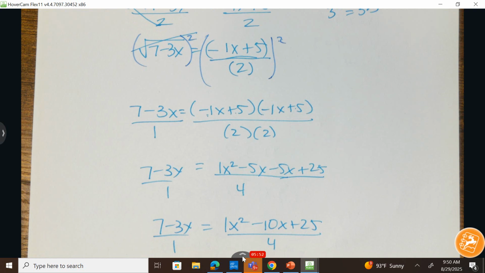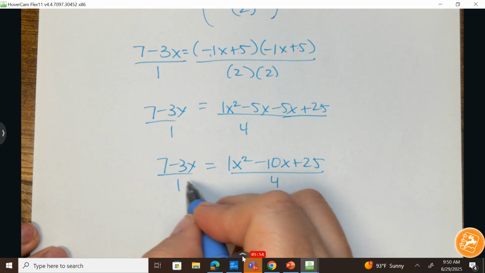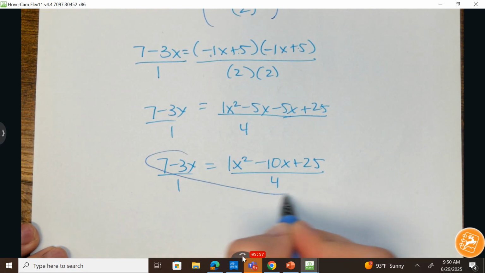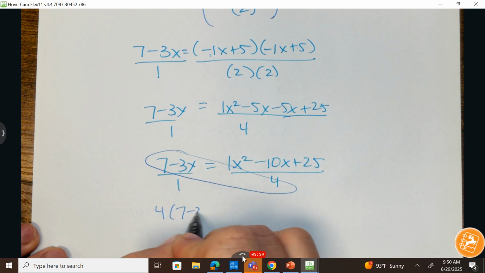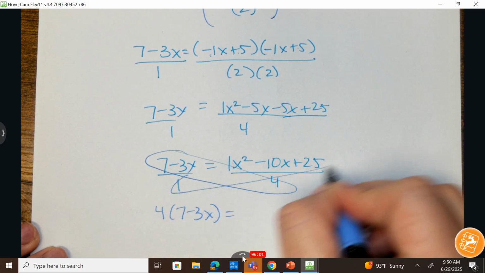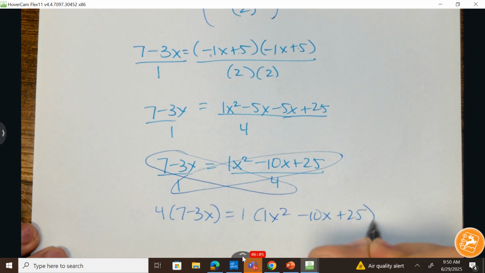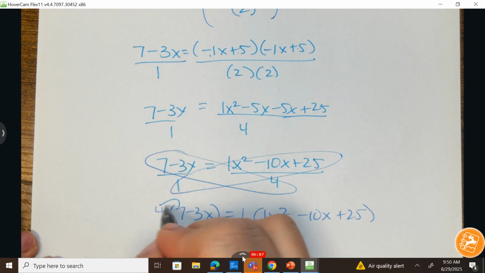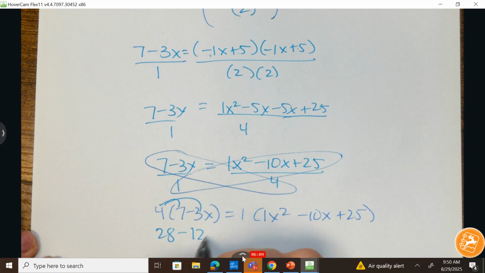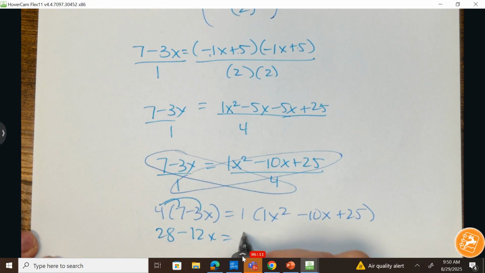And now I'm going to cross multiply. It doesn't matter which way we go first. I could go here. So I'm going to take 4 times this quantity, and I'm going to take 1 times this quantity. Distributing the 4, I have 28 minus 12x. Now distributing the 1 doesn't change anything.